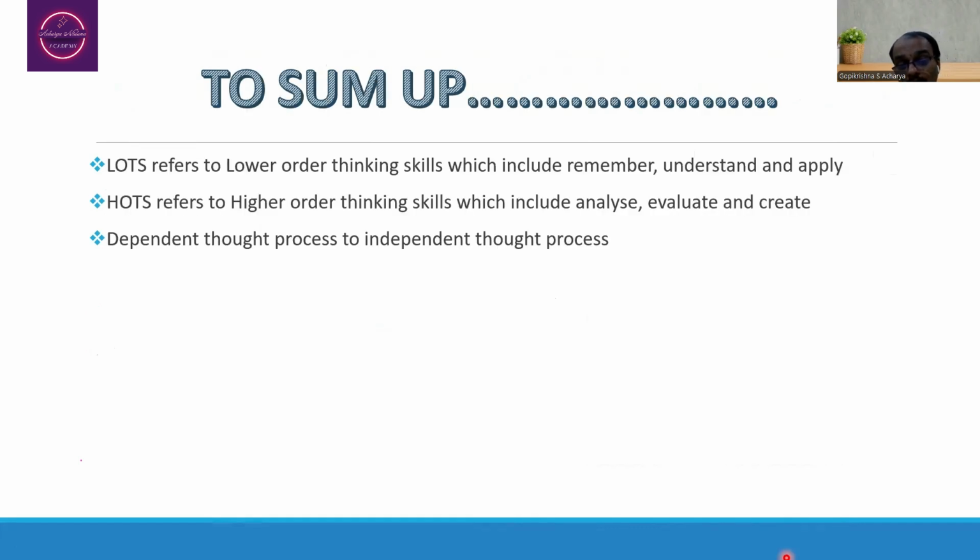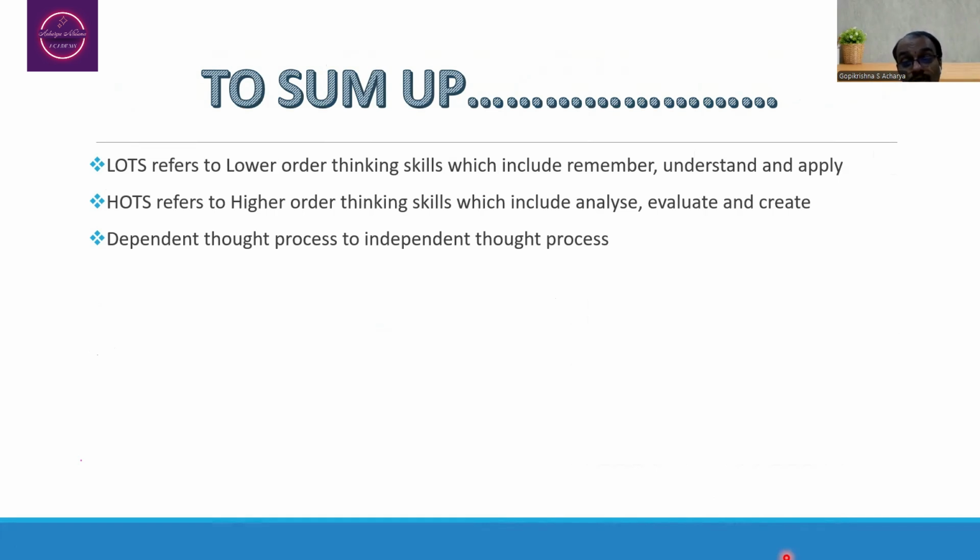To sum up, LOTS refers to lower order thinking skills, which is remembering the information, understanding the information and applying the information. For example, regarding the Vata dosha gunas, "Tatra ruksha laghu shita khara sukshmashchalo anilaha" is what is considered remembering.